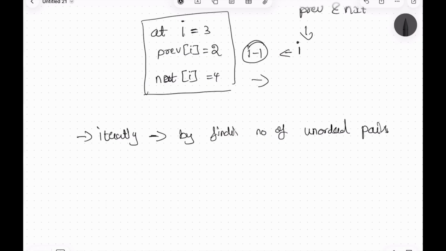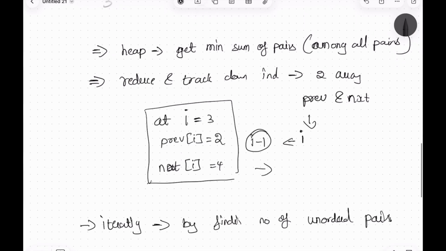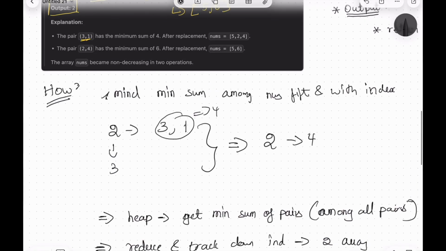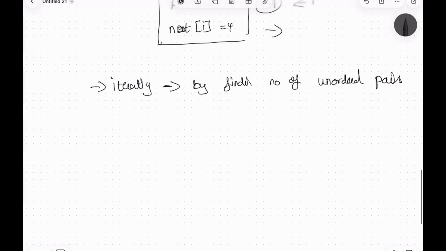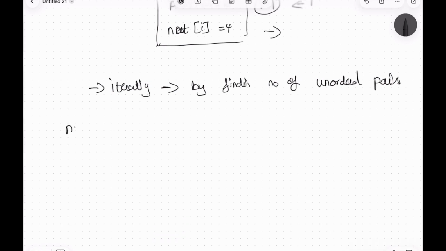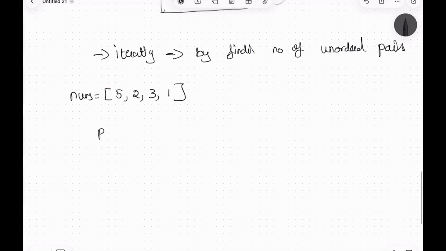So with all this said, let me explain by running through the first example, following these simulations. The first example here is nums equal to 5, 2, 3, 1. So we will have prev and next.